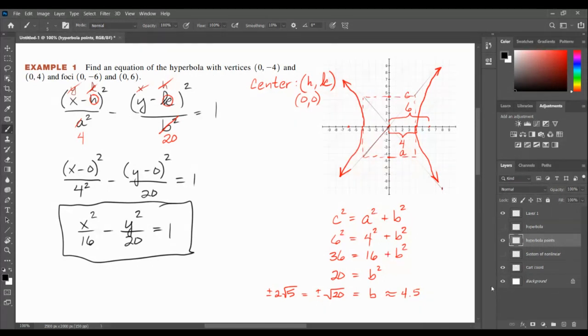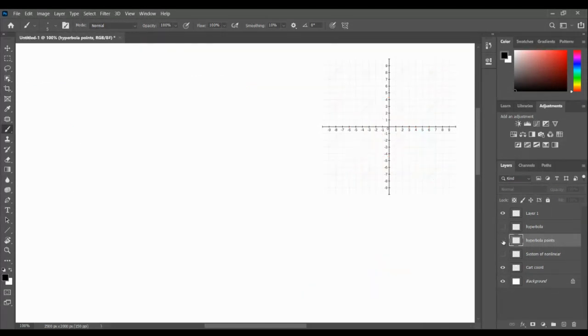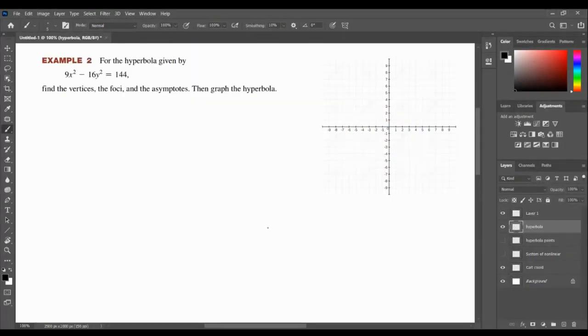All right, let's try another one. This time, we're given the equation and we need to find the vertices, foci, and the equations of the asymptotes, and then graph it. So I'll bring this equation down here.